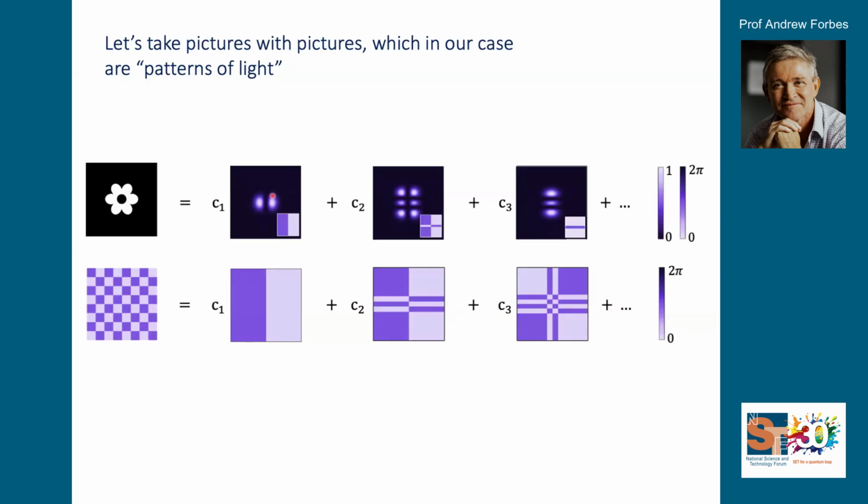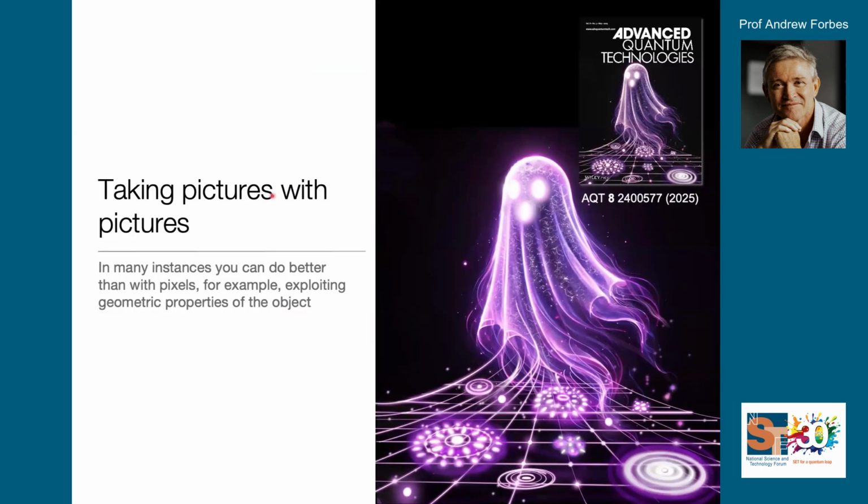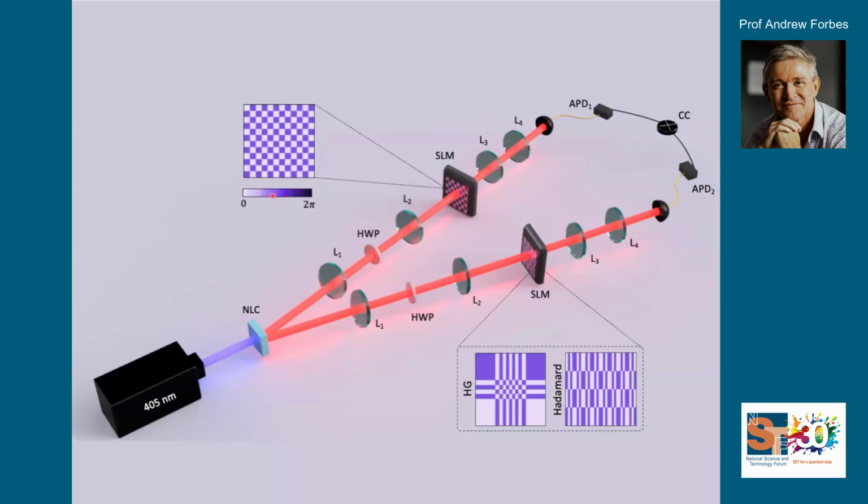And when we do this, we call it taking pictures with pictures. We find that we can do much, much better than you could with using pixels. So this is what the quantum experiment looks like. I've always been showing you cartoons, but I thought I'd show you one example of a real experiment. So here's the laser and the crystal, and off the two photons go to two different detectors, and now we can display anything we want.